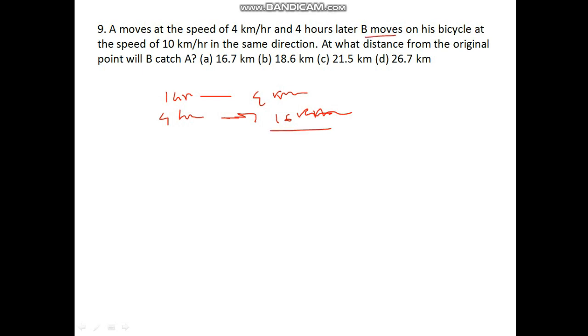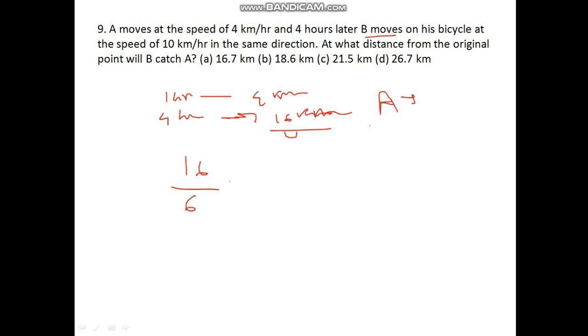B has to go 16 km to catch A, right, as he is going in the same direction. So to cover 16 km, the relative speed is 6, as both are going in the same direction.